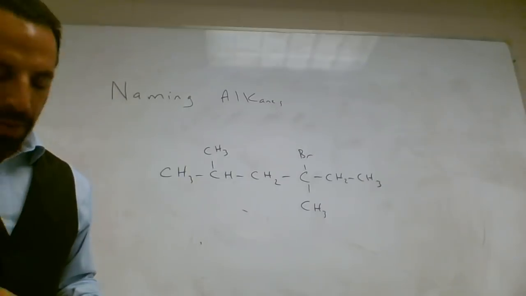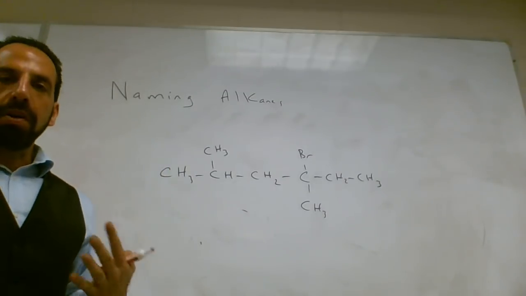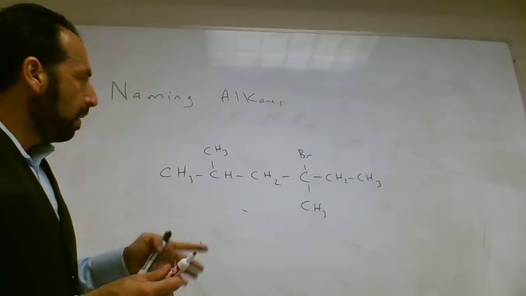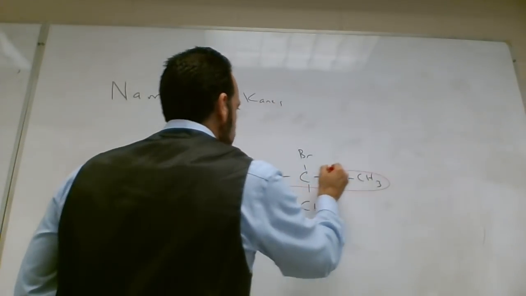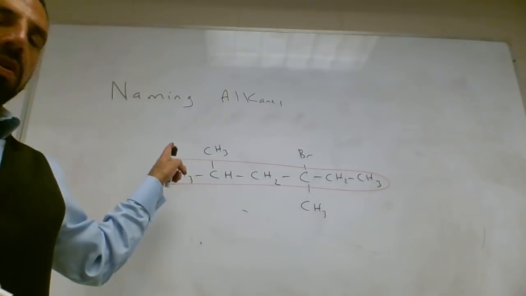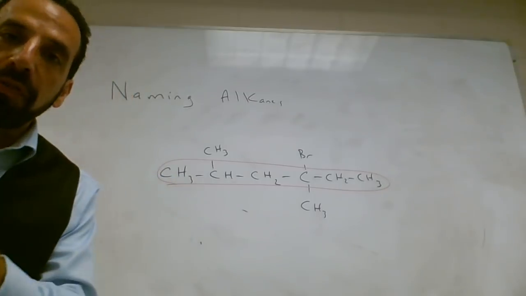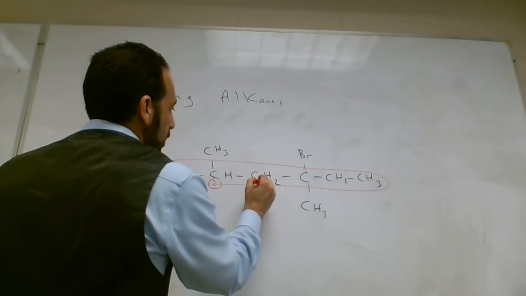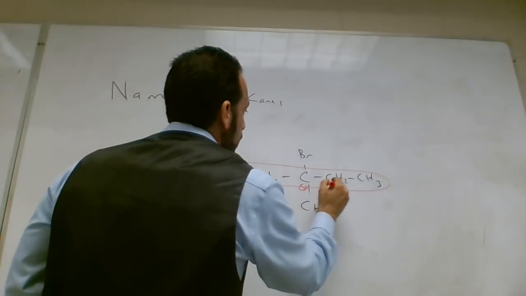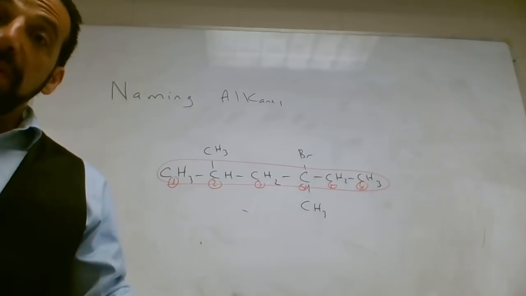Okay. So a couple of things about this one. We always got to number it when we start the first substituent. So we find the main chain. Again, it's going to be from left to right. It's going to be this right here. We start on this side because in this case, the first substituent will be on carbon number 2. So always the first substituent with that. So 1. Okay. I got 6 of these, so that's going to be hexane.